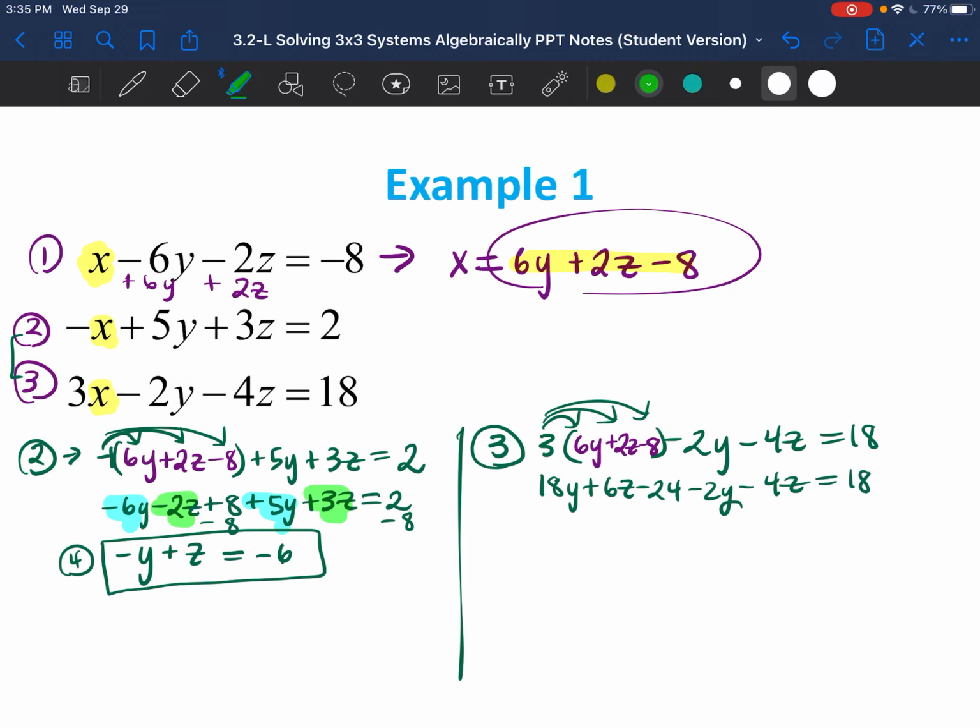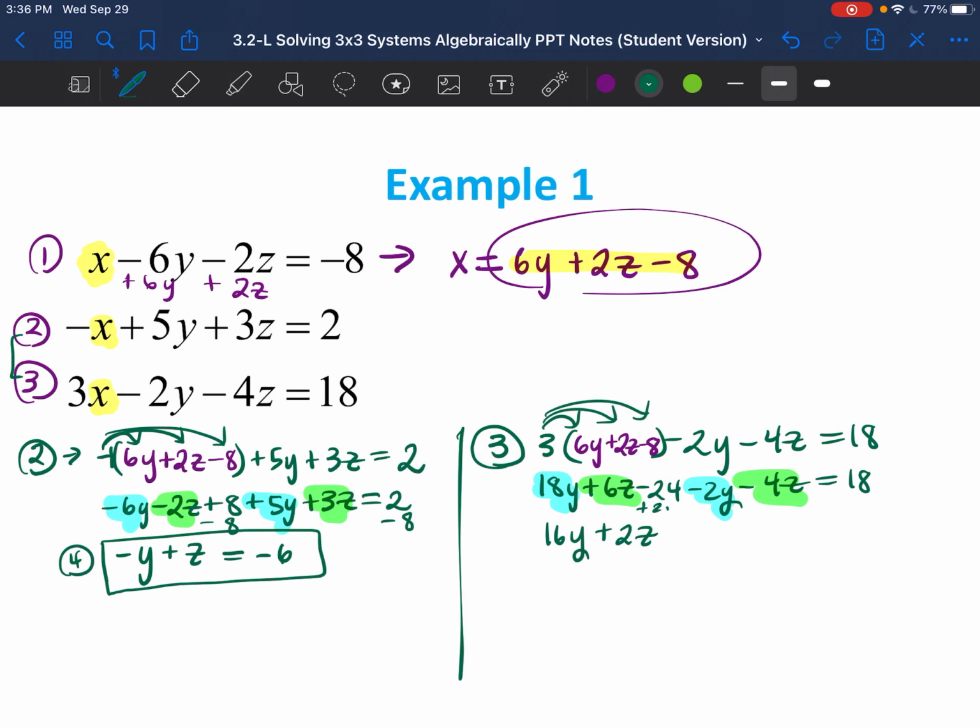Combine your like terms. 18y minus 2y is 16y. Six z minus 4z is 2z.